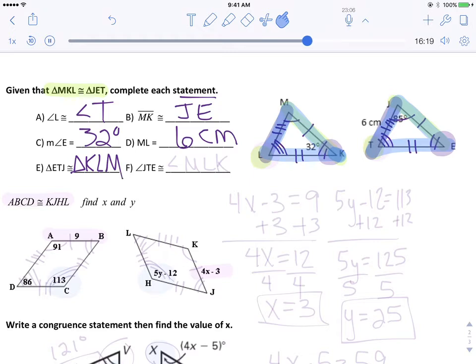Again, making sure that we're using those corresponding sides and angles and writing them in the same order. And then the last one, the angle JTE. So angle JTE is this angle right here, which corresponds with angle MLK.